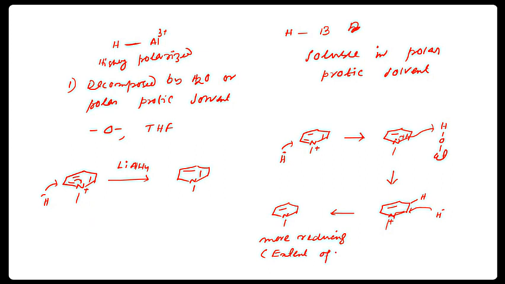Extent of reduction is more here, and here the extent of reduction is less. So who is the villain here?